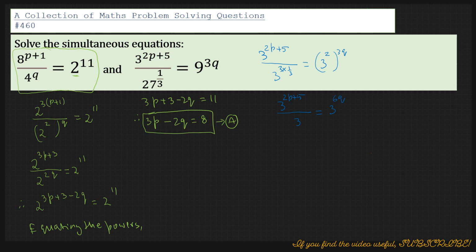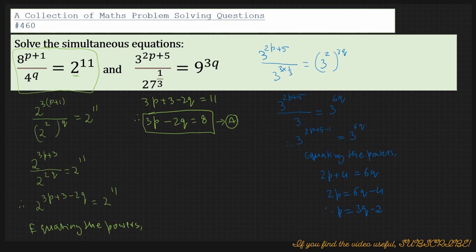So I can write this as 3 to the power 2p plus 5 minus 1 equals 3 to the power 6q, and therefore equating the powers, we get 2p plus 5 minus 1, which is 4, equals 6q, or 2p equals 6q minus 4, and therefore p equals 3q minus 2.